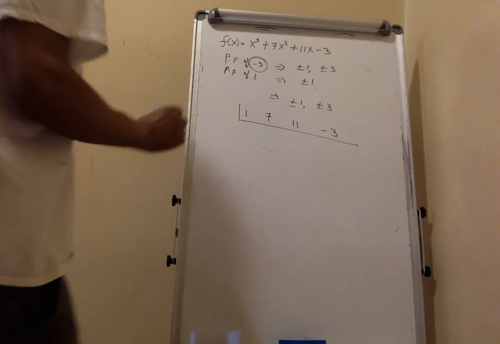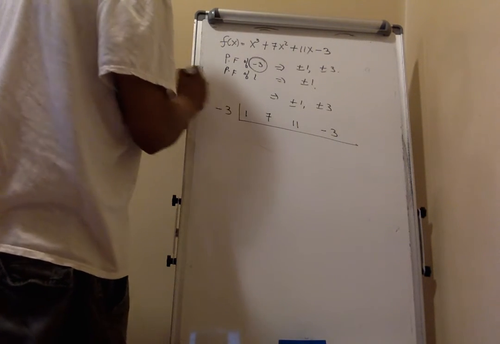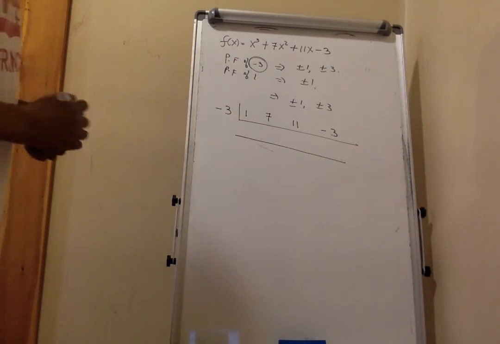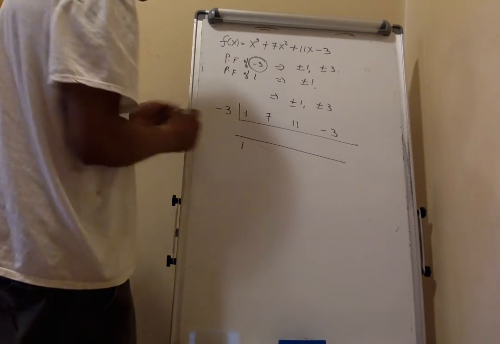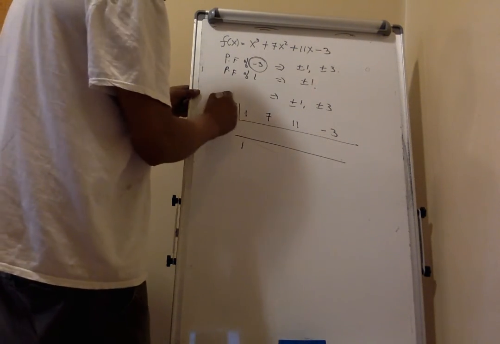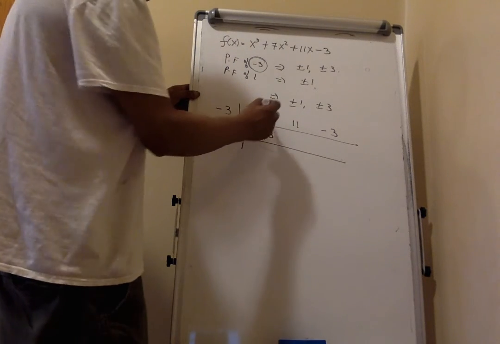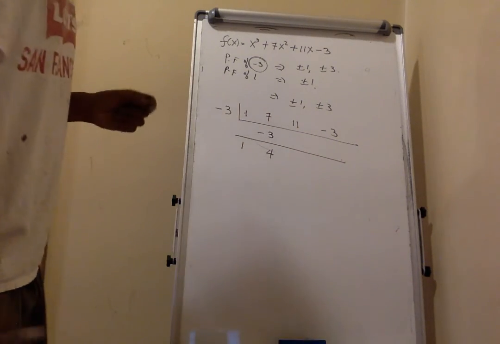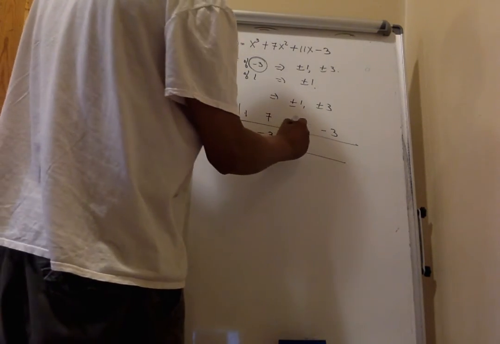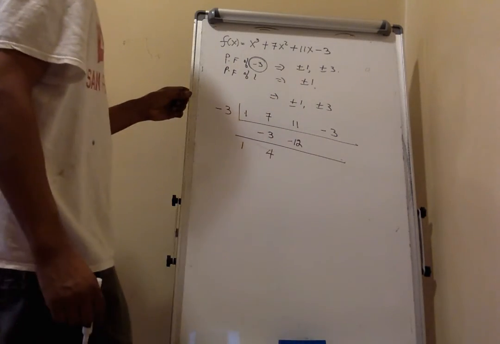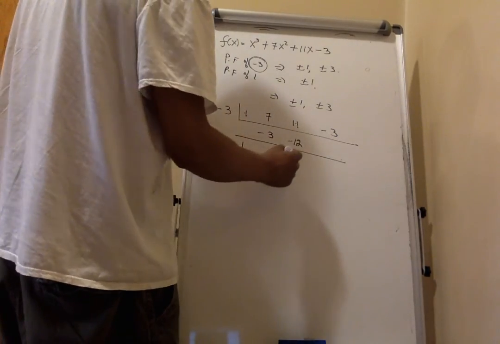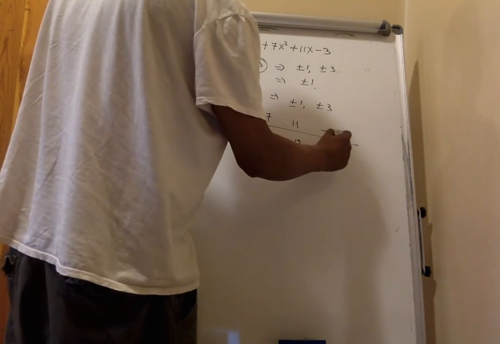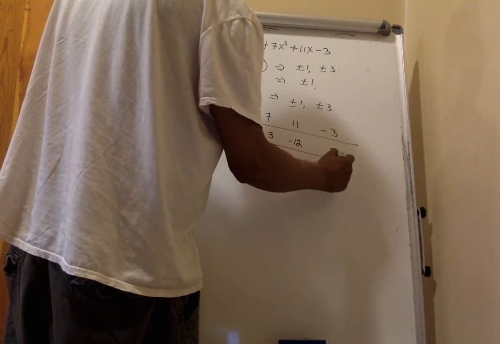So I'm going to do -3. I'm going to drop 1 here. 1 times -3 is -3. 7 plus -3 is 4, right? And 4 times -3 is -12, right? And 11 plus -12 is -1. And -1 times -3 is +3. And -3 plus 3 is 0.